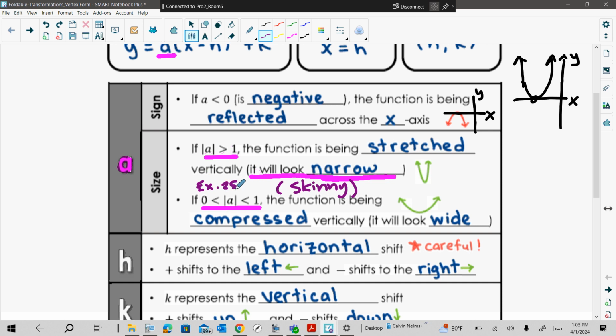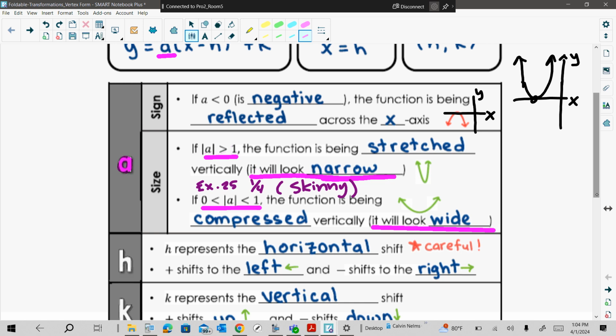That would work. What fraction is that? 1 out of 4. So if I see a fraction or a decimal, then it's going to be compressed, but basically what you need to know is how it's going to look. It will look wide. Okay? Do we have those two down?